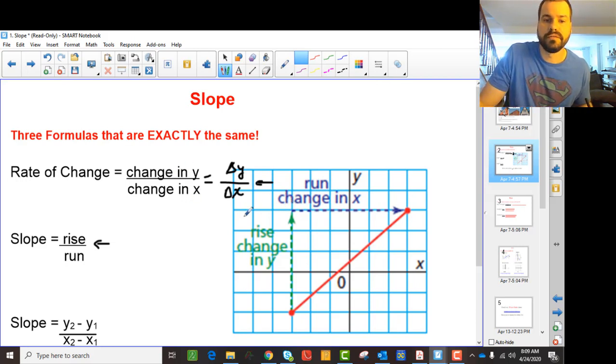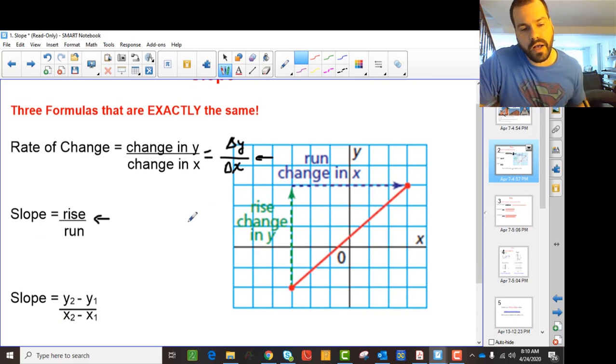And then thirdly, to describe the change in y, we write it like this. So this is more of the computational formula. This is actually what we're going to use, because we're going to identify 2 points. So let's say I identify that point and that point. Then I can say this is 1, 2, 3, so -3, and then 1, 2, it's -2.